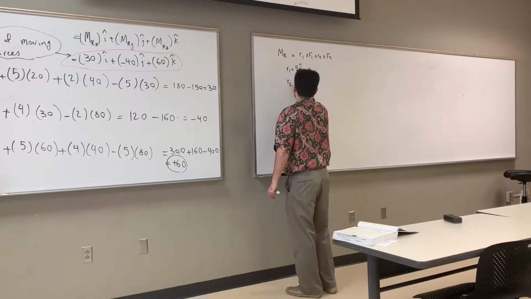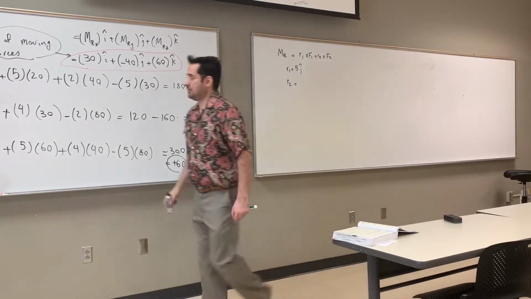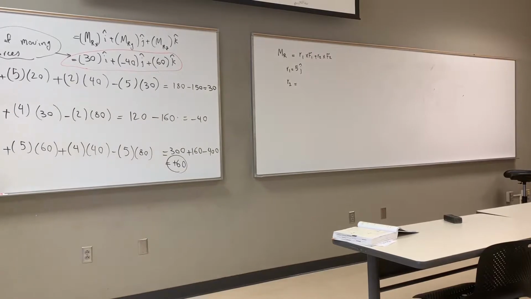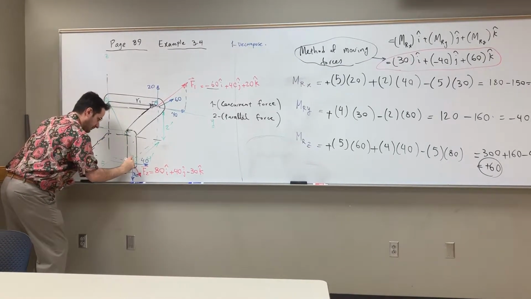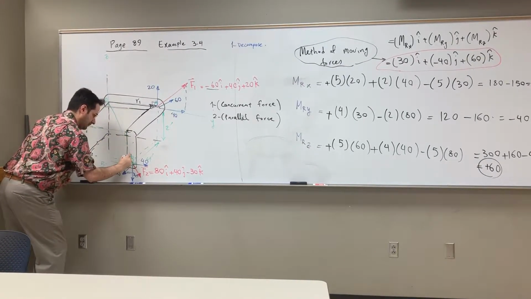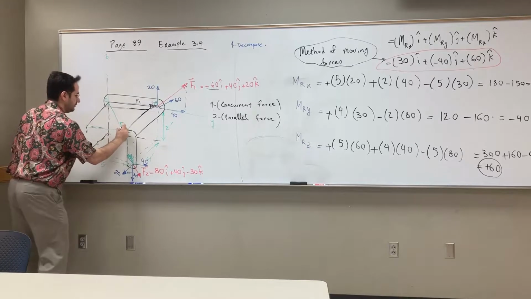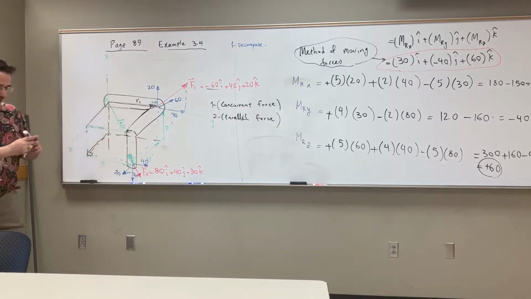What about R2? Which one is R2? From the reference point all the way to the point that force 2 is acting on. This is a different color. This is R2. So what's R2?